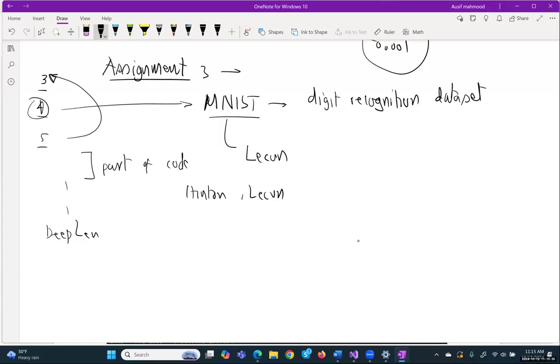If I remember correctly, LeCun created this in 2005 and for the first time showed how convolutional neural networks are so much better than, for example, regular neural networks in recognizing these. So to this day, anything we create, we often test it on MNIST to see how good it is, okay?